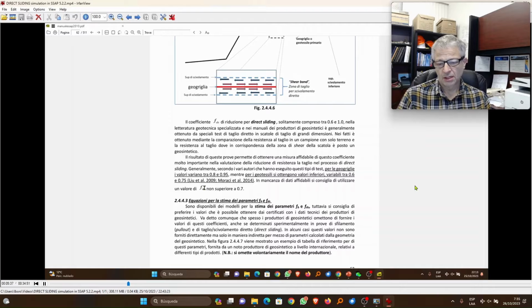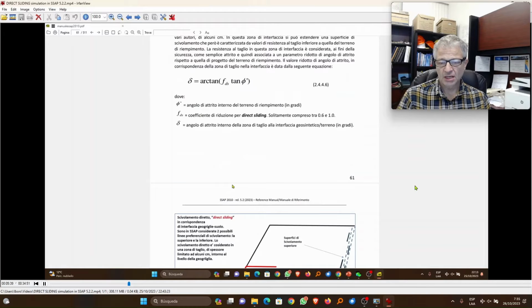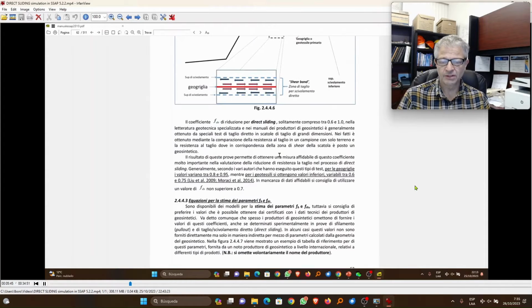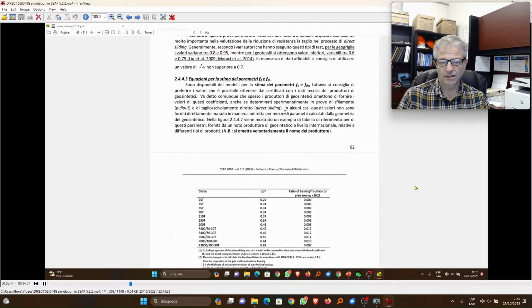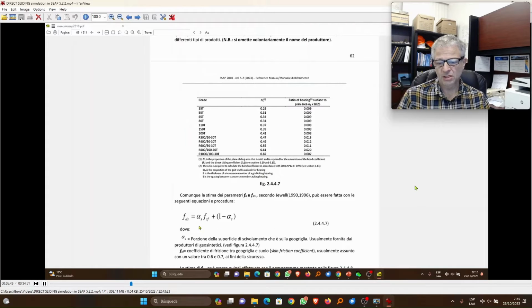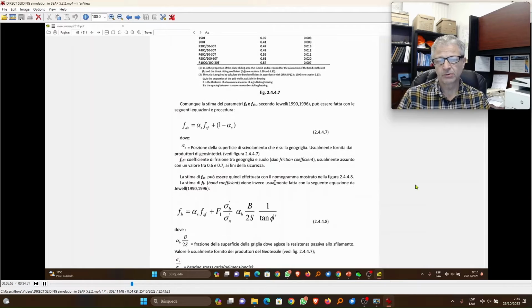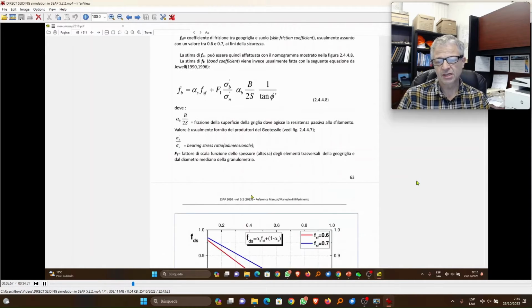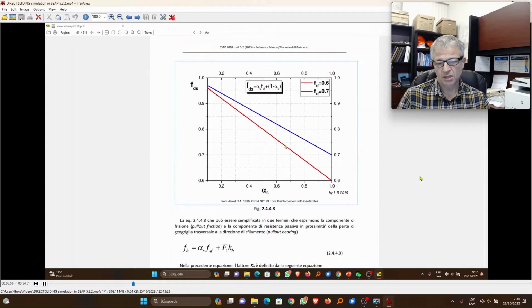Of course, the FDS coefficient must be directly evaluated at the level of design. It's not so easy because it's not given explicitly by the producer. So you have to define it from the geogrid or geosynthetic characteristics.